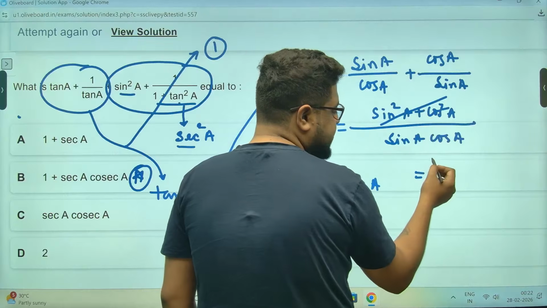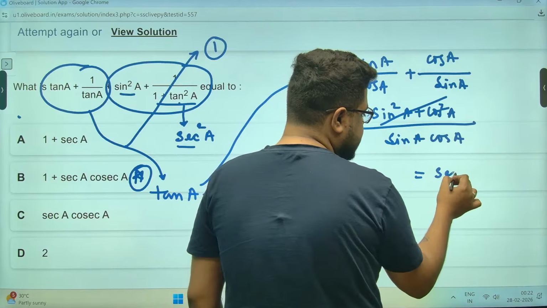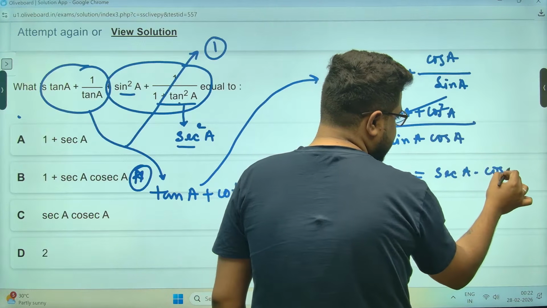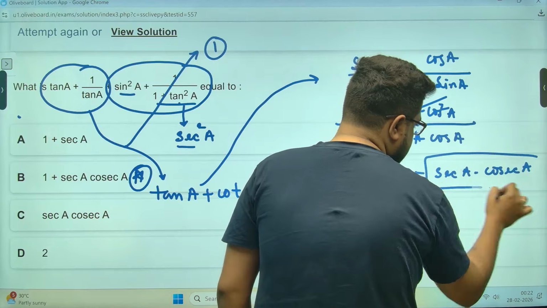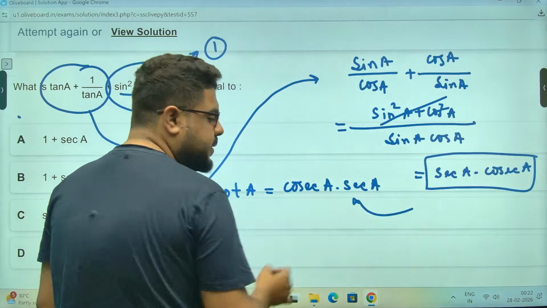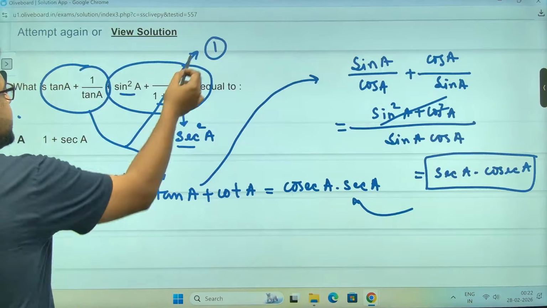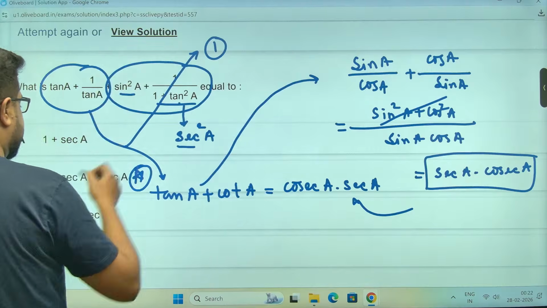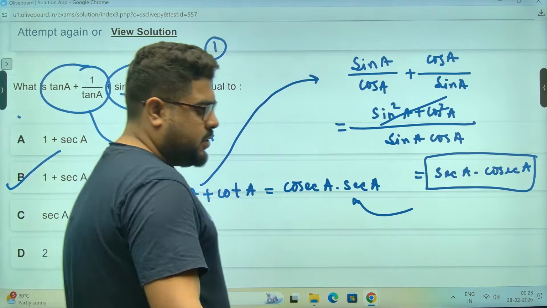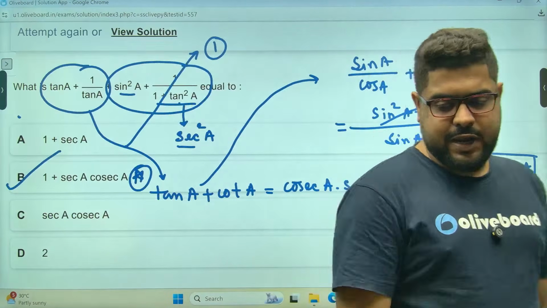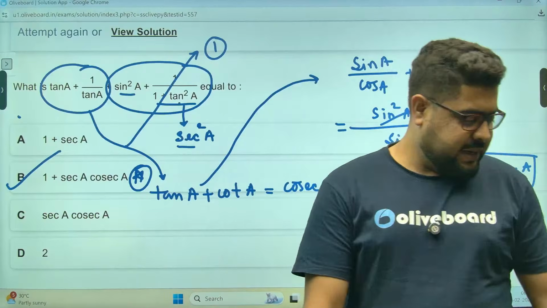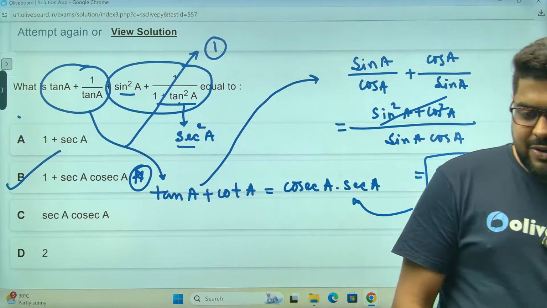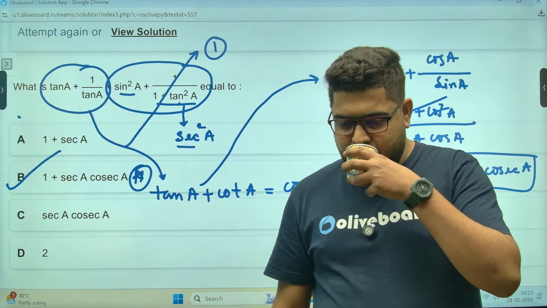So this is 1 by sin a into 1 by cos a, meaning sec a into cosec a, whatever you prefer. So my answer will be 1 plus cosec a sec a. Option B. If you had known this beforehand, you would have given the answer in not more than 20 seconds.